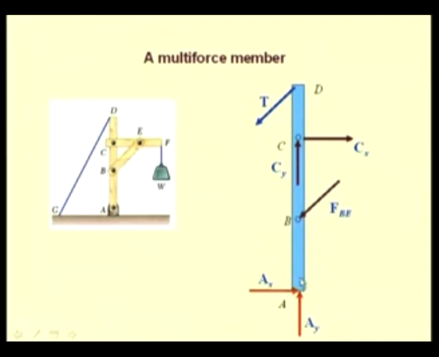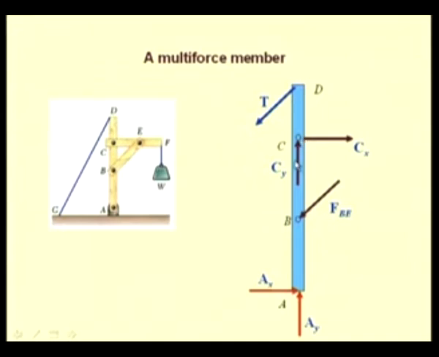At A, we have the pin connection, and so the two components of reaction Ax and Ay are shown at A. And at D, we have the string tension. Here, the direction of this force is known, only the magnitude of this force is unknown, because we know that strings can only be in tension and their direction of the tension is along the direction of the string.